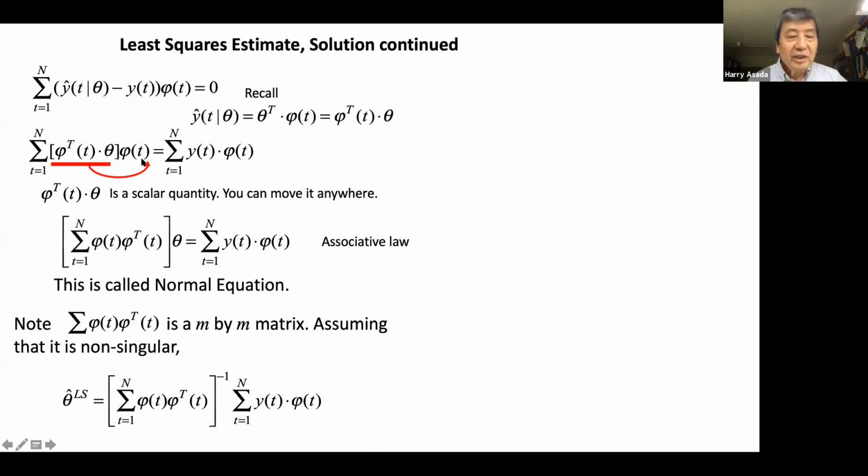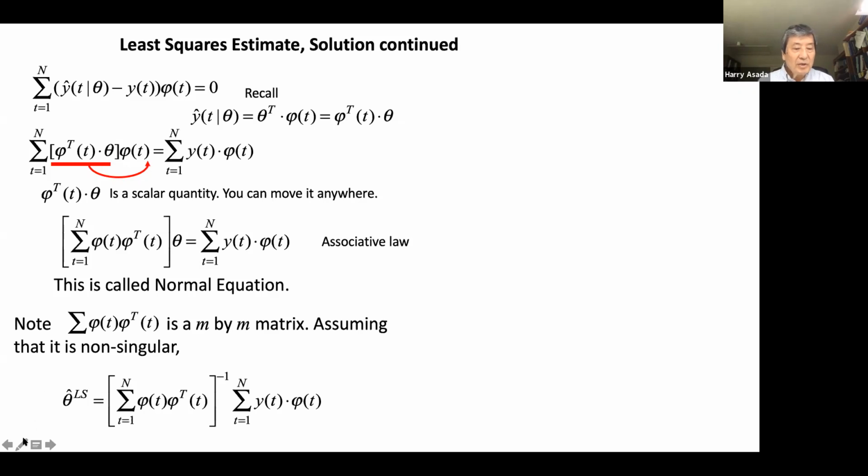Now here's the trick we have to make. If you look at this, it is nothing but the inner product, so the result is a scalar quantity, right? A scalar can be placed anywhere, all right? A scalar times phi(t) is the same as phi(t) times that scalar, right? So let's move this one over here.